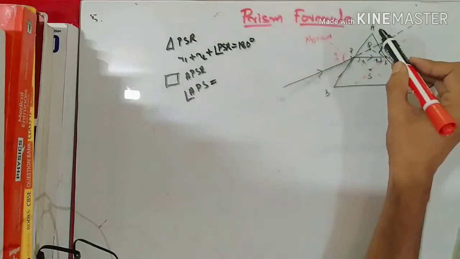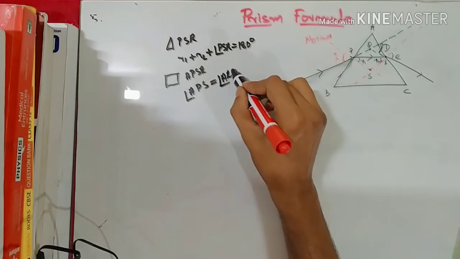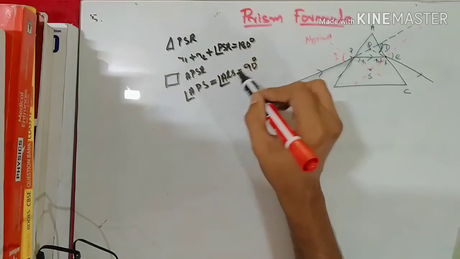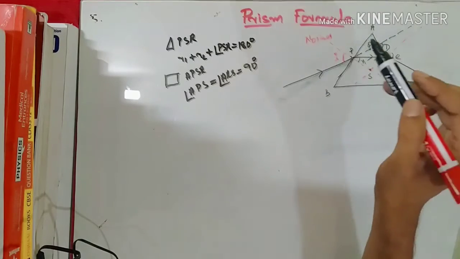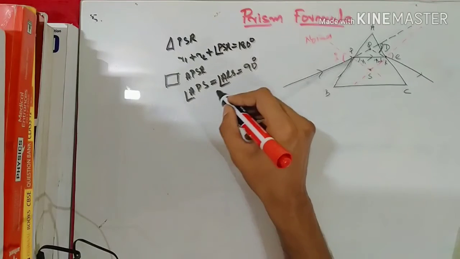That is equal to angle ARS. Both are 90 degrees. If both are 90 degrees, the sum is 180. Therefore, the next two angles should also sum to 180 degrees.